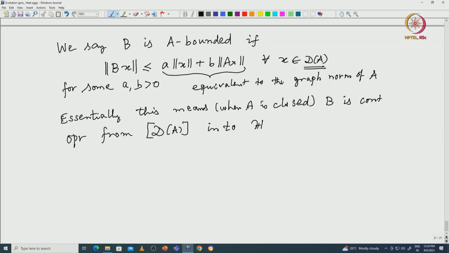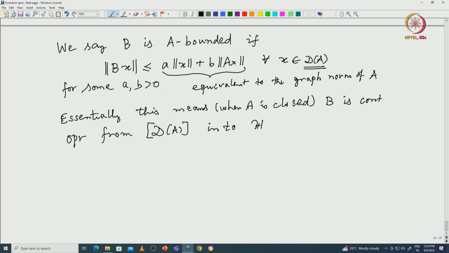So, this A is our main operator. So, if B is A bounded, then there is a possibility that A plus B will have properties similar to those of A. If A is closed, then A plus B is closed. If A is self adjoint with some additional condition, we expect A plus B also to be self adjoint. Okay.